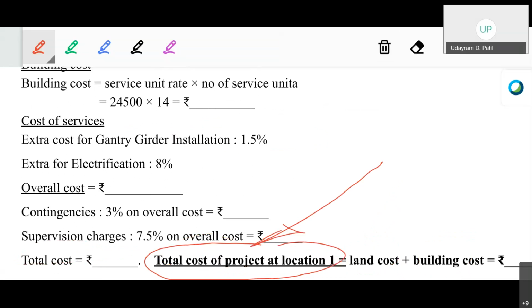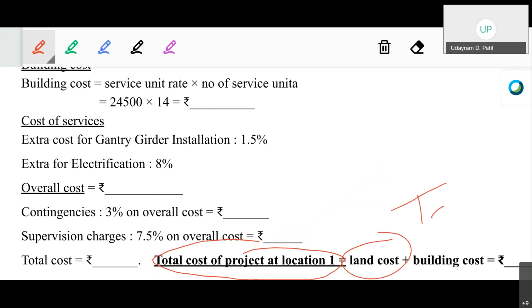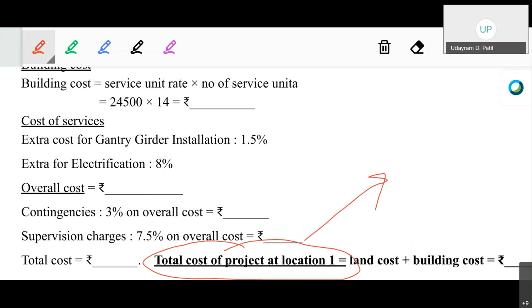So the cost of the land including taxes was 47,67,505 or 504 plus cost of the building that is 4,15,021.425 rupees. Okay, that will give us the total cost of the projects at the location 1. This land cost is including the taxes.